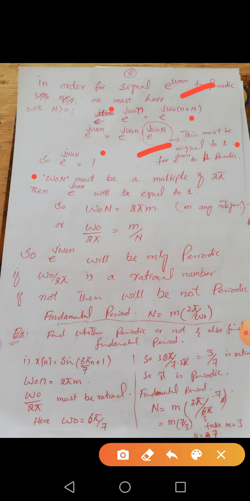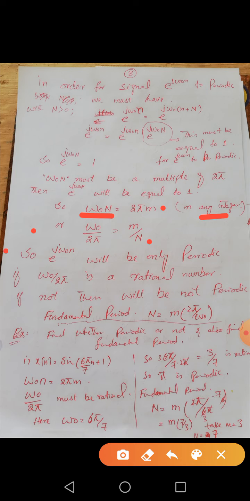Omega naught N must be a multiple of 2 pi. Then e power j omega naught N will be equal to 1. So omega naught N equals 2 pi m, where m can be any integer, or omega naught divided by 2 pi is equal to m by N.